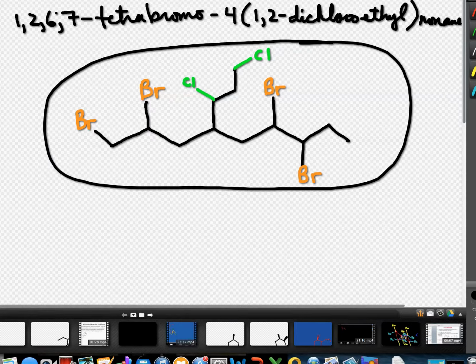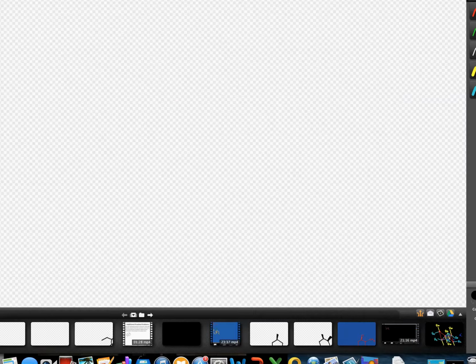Now let me give you a couple problems to think about. Again, if you all will remind me, we can work on these in class. Draw the lowest energy conformation of the following. Also be able to name these.